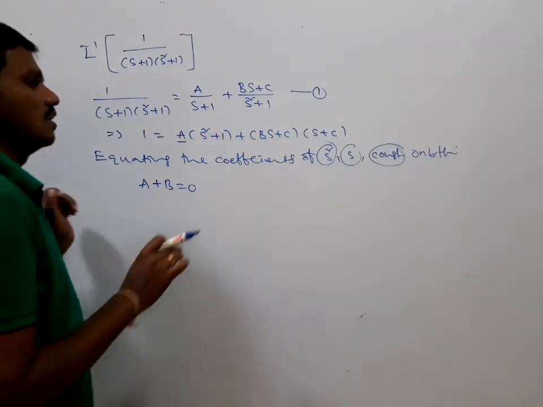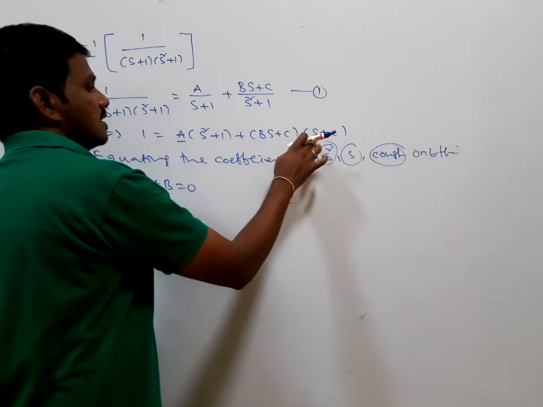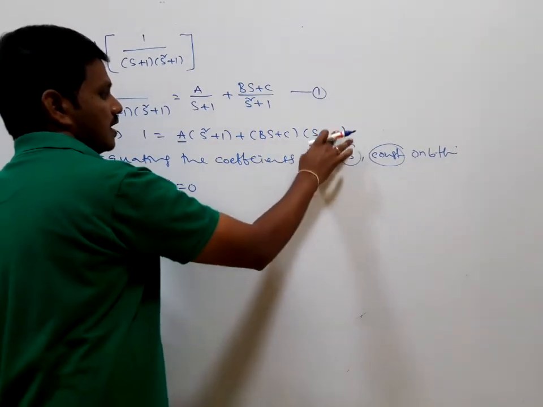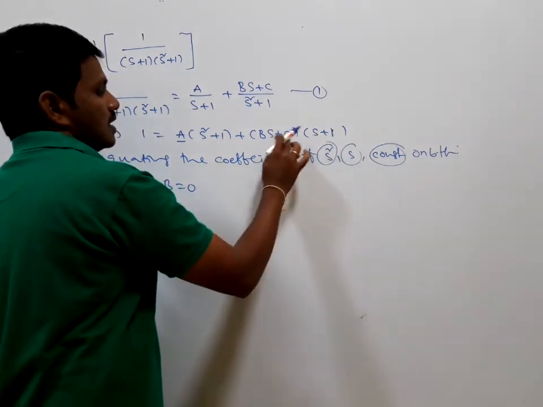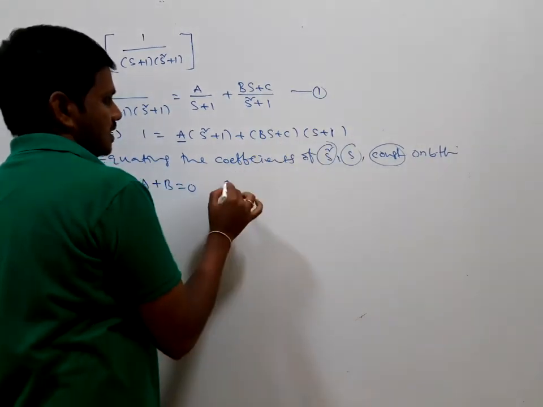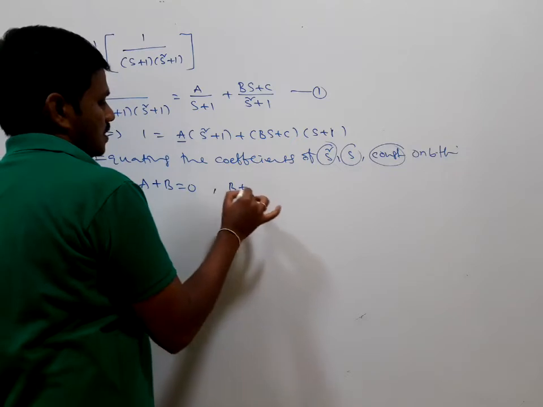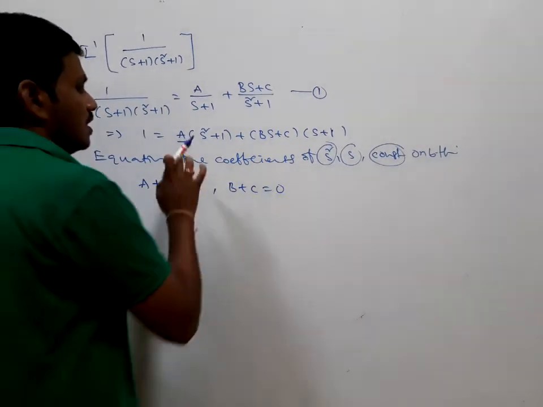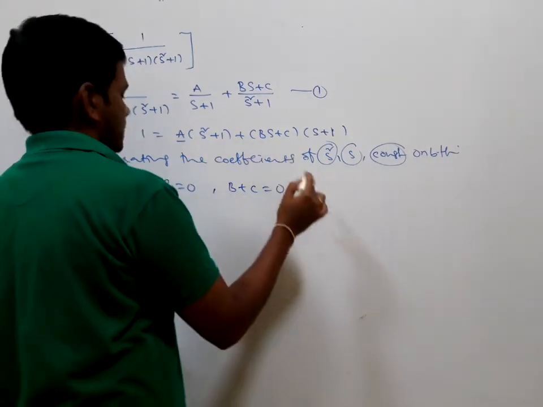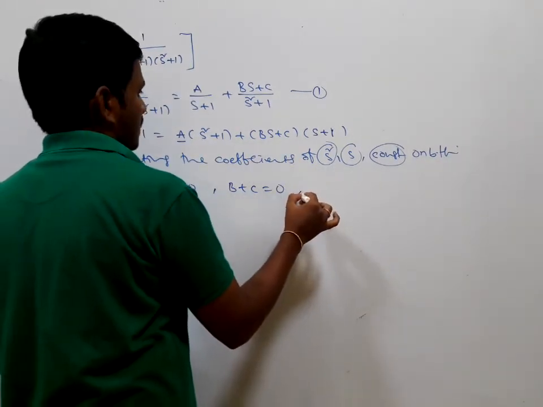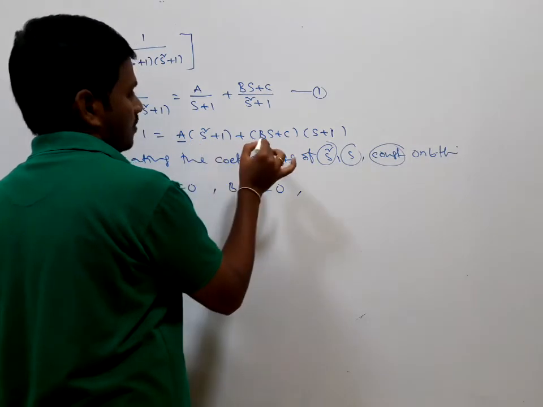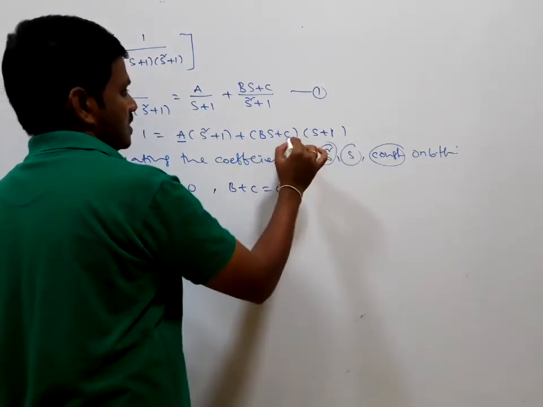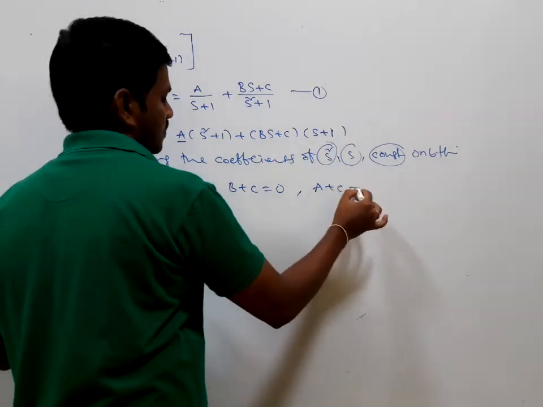Next, the s coefficient: b plus c is equal to 0. Next, the constant terms: a plus c is equal to 1.